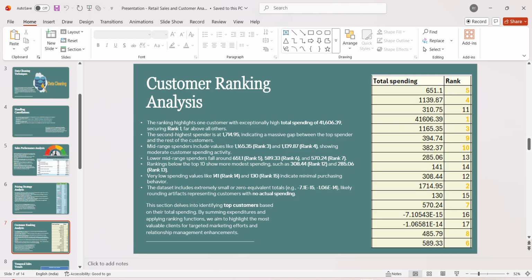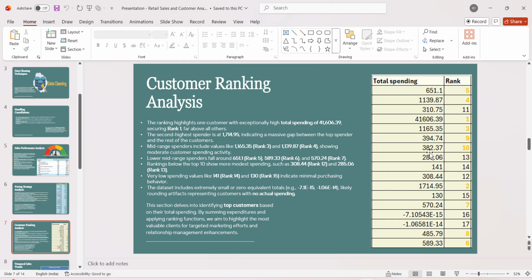The very low spending values at rank 14 and 15 indicate minimal purchasing, but we will discuss only ranks 1 to 10. As we can see here, the rank 10 total spending is 382.